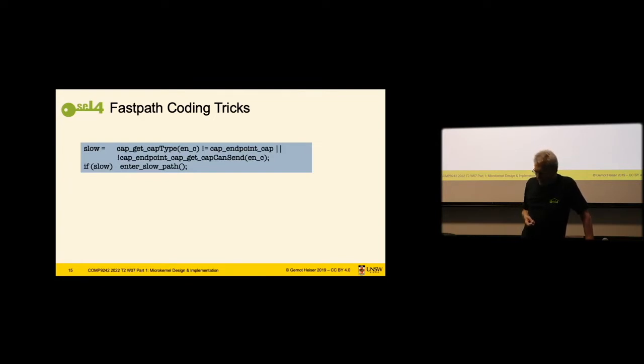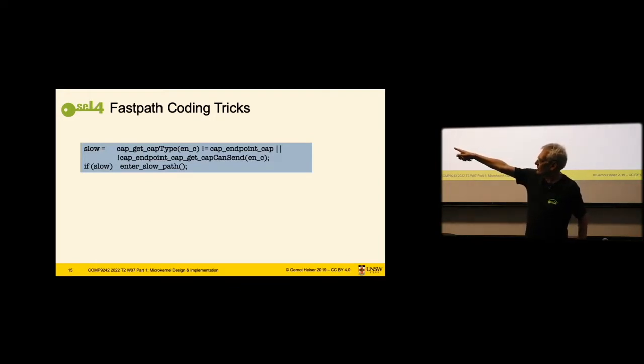Other fast path coding tricks that are also common to L4 kernels is to make the decision between fast path and slow path as efficient as possible by just mapping everything on a single jump. Basically it collects the fast path conditions. This is just a simplified version of that, folding together various conditions that, if they are satisfied, will force the slow path.